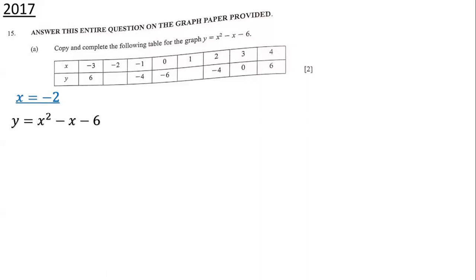What we're gonna do, wherever we see x, we're gonna put what? You all have to be with me now. Wherever we see x, we're gonna put -2. Negative 2. Very good. So let's substitute.